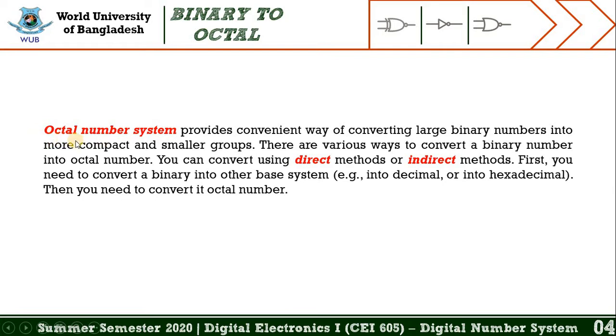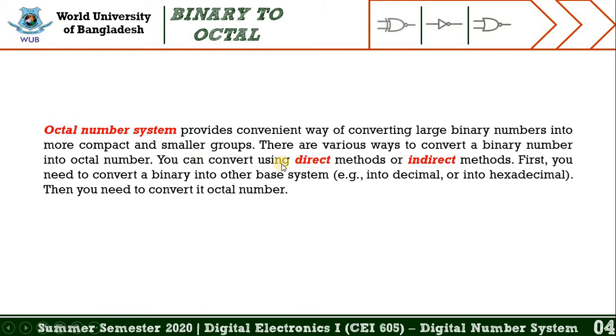First, we need to know the overview of the conversion from binary to octal. So let's start. The octal number system provides a convenient way of converting large binary numbers into more compact and smaller groups. There are various ways to convert a binary number into an octal number.